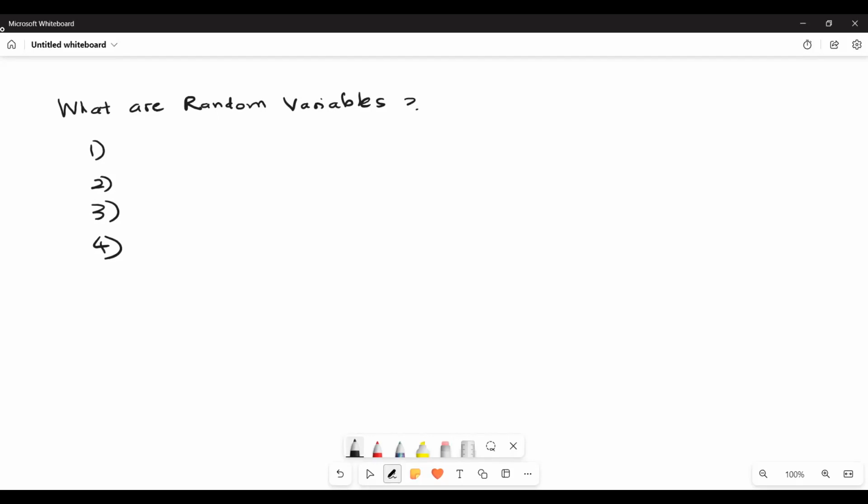We discussed that these 4 elements are basically that random variables should be generated from a random experiment, some kind of random process.